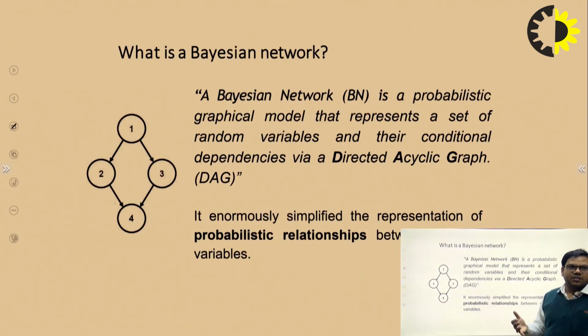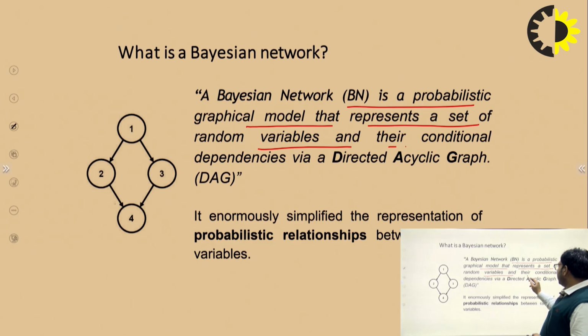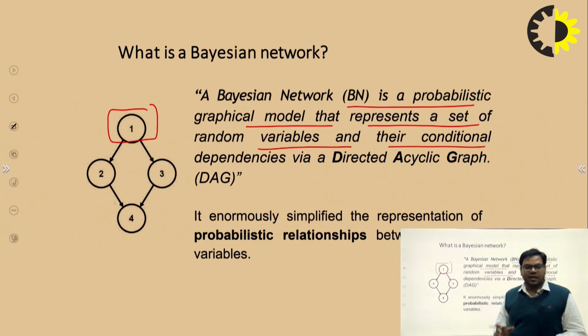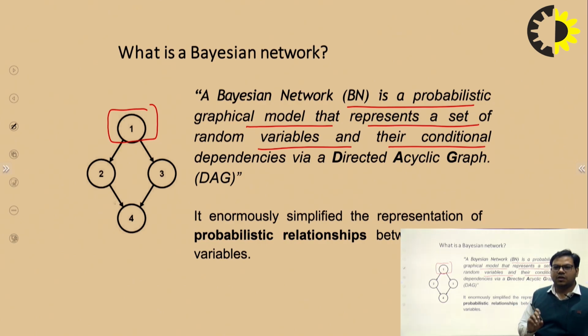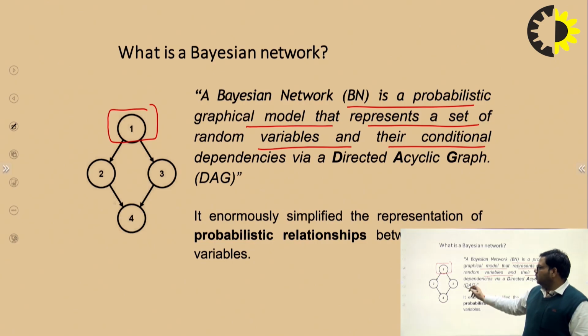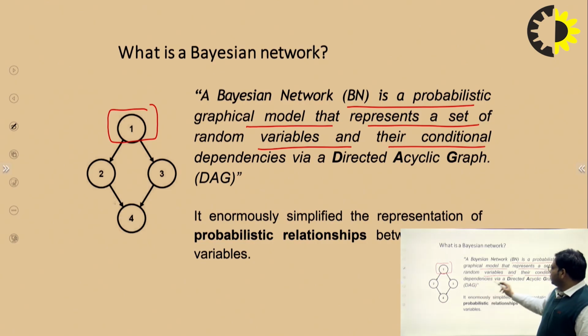First let us understand what a Bayesian network is. A Bayesian network is a probabilistic graphical model that represents a set of random variables and their conditional dependencies. We call the individual events, regardless of their sequence or of other events, random variables, and they can be represented using circles. Their conditional dependency is shown via a directed acyclic graph.